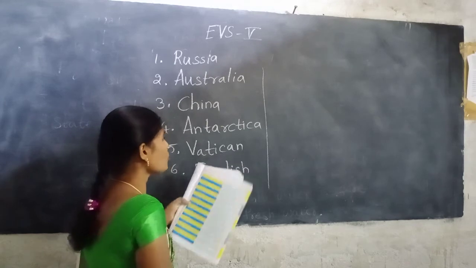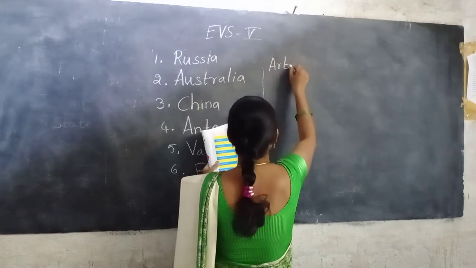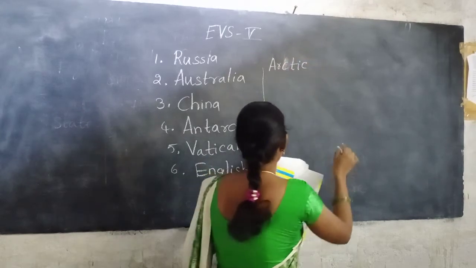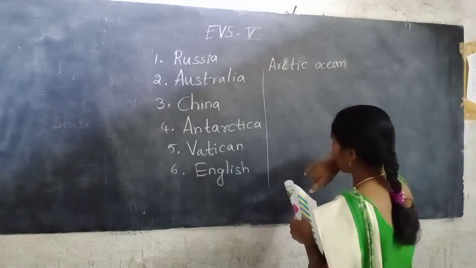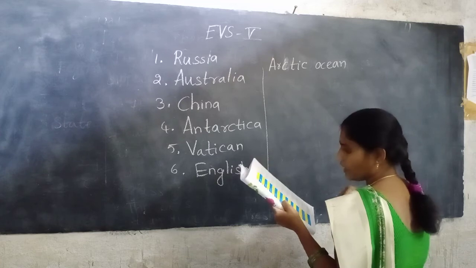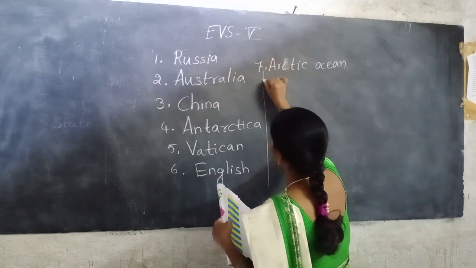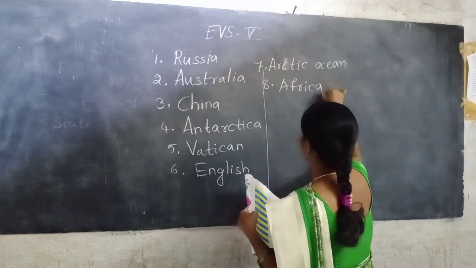The smallest ocean, Arctic Ocean. Next, dark continent. Dark continent is Africa. Africa is the dark continent.